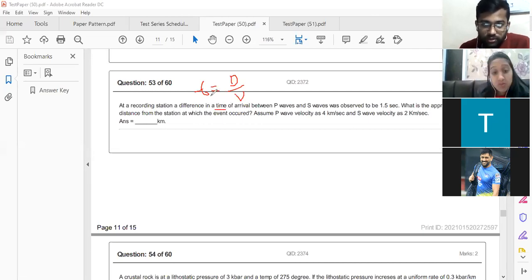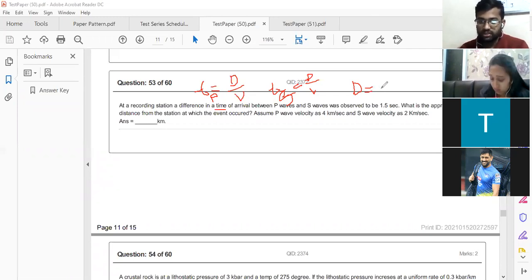Let's say for P wave consider TP, and for S wave consider TS: time for P wave, time for S wave. P wave is faster, you know that, so it will take less time.